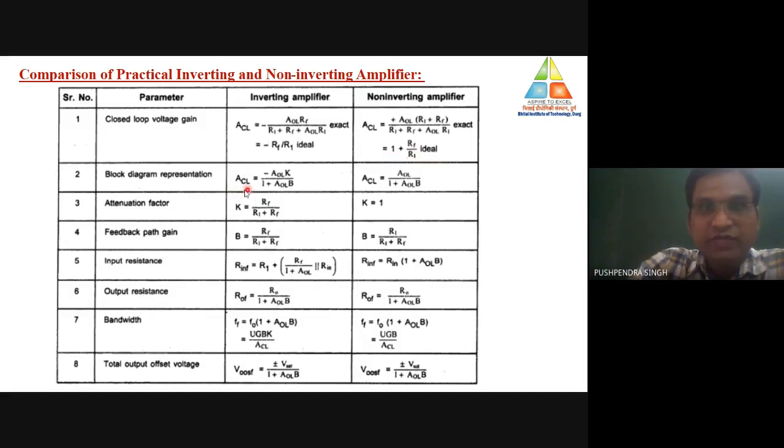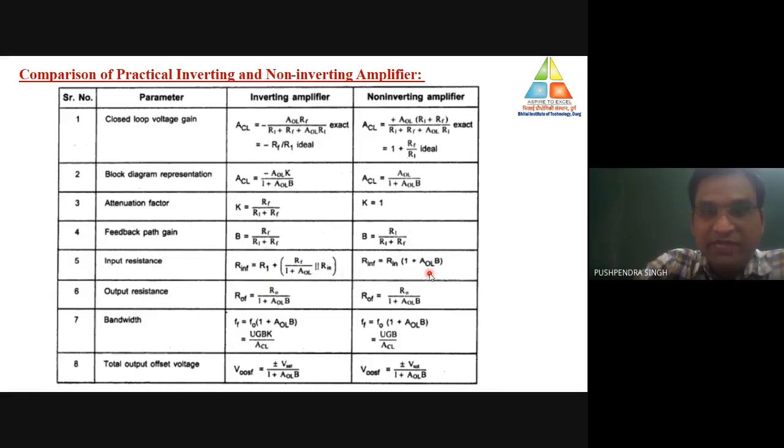The value of closed loop gain as per the block diagram representation, we have not discussed. What is the feedback path gain? That is RF divided by R1 plus RF.